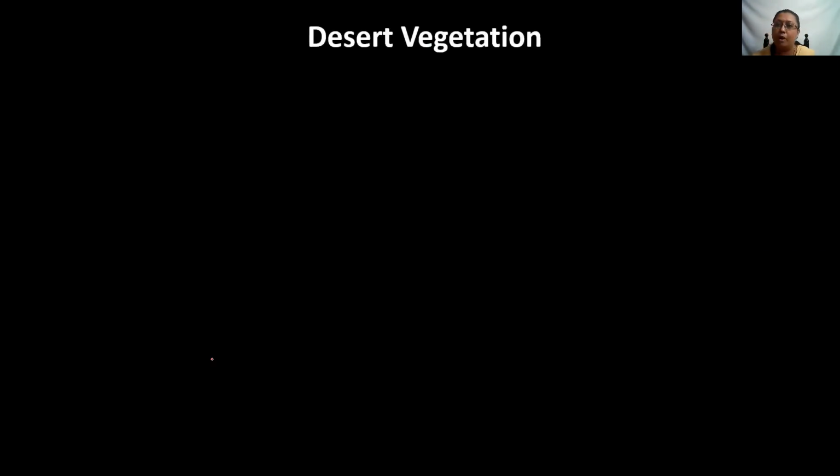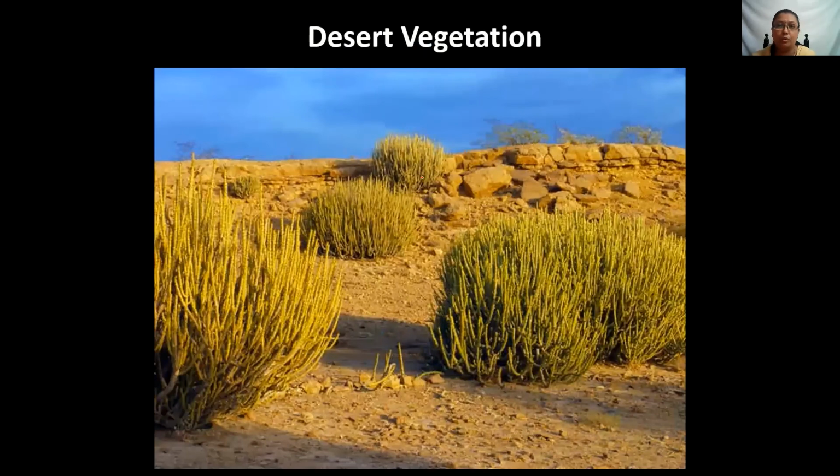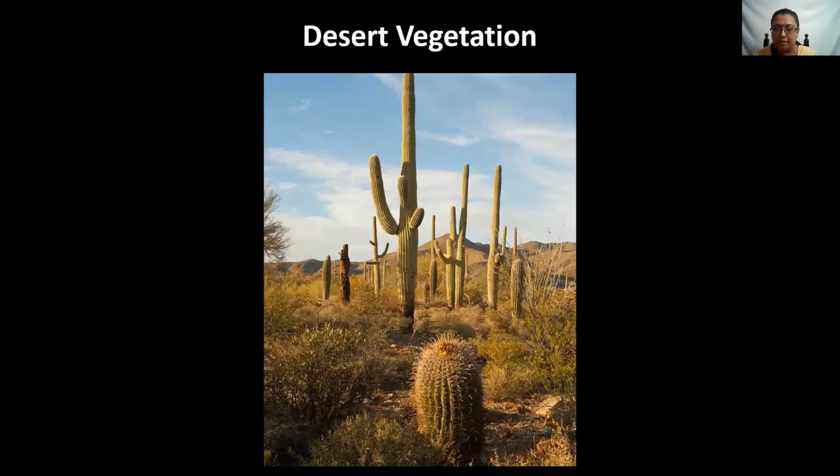So these are the points on vegetation. Let me show you some pictures of desert vegetation. These are some types of plants that grow in the desert. This and all you know, right? Different types of cactus. You can clearly see they have a waxy coating. They will not have big leaves, just a small leaf, and the stems will be very bulky to store water.